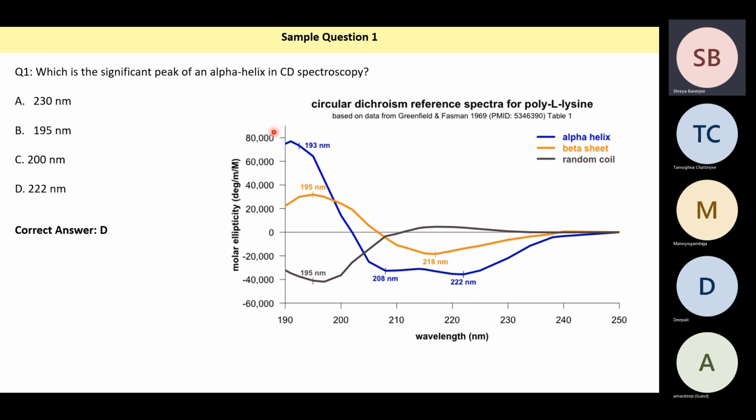If you remember the spectra of polylysine that we studied in different conditions, the characteristic peaks of an alpha helix are a positive peak at 193 and two negative peaks at 208 and 222 nanometer. Since 193 or 208 is not there in the options, the only correct answer is 222 nanometer.